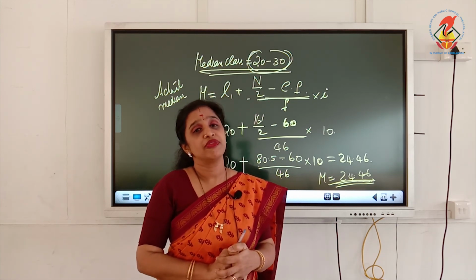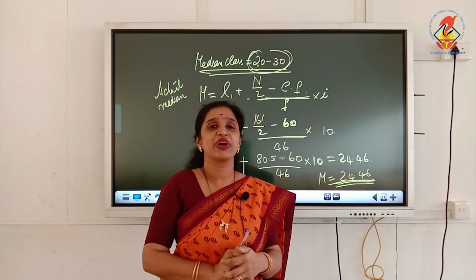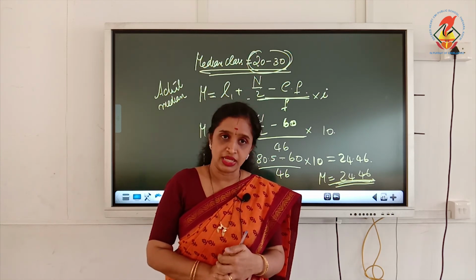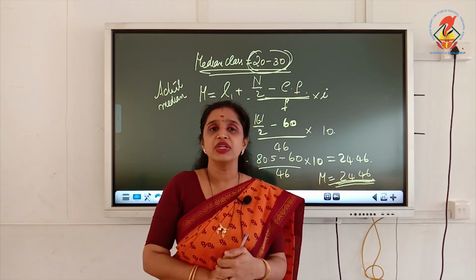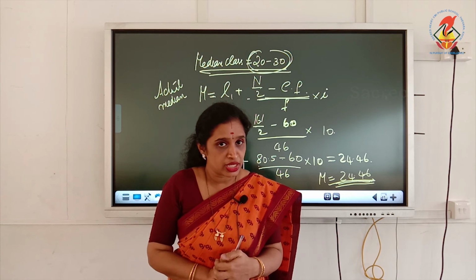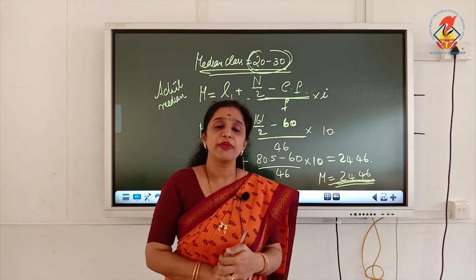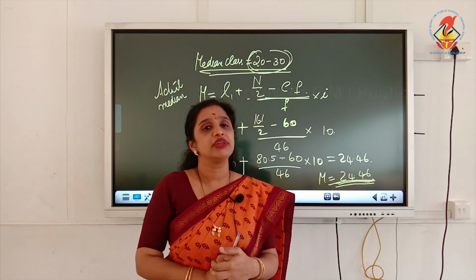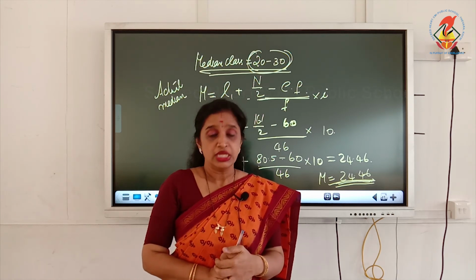So, it is easy to divide it by 2, and you will get the exact value from the statistical series. But if your n is an even number, do not use the formula m is equal to (n plus 1) by 2th item. Instead of that, use m is equal to size of (n by 2)th item plus size of (n by 2 plus 1)th item, divided by 2.